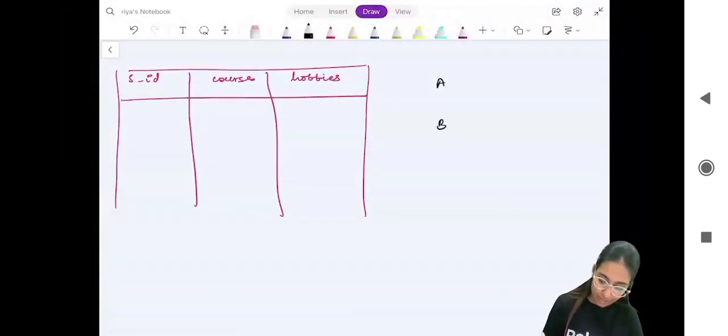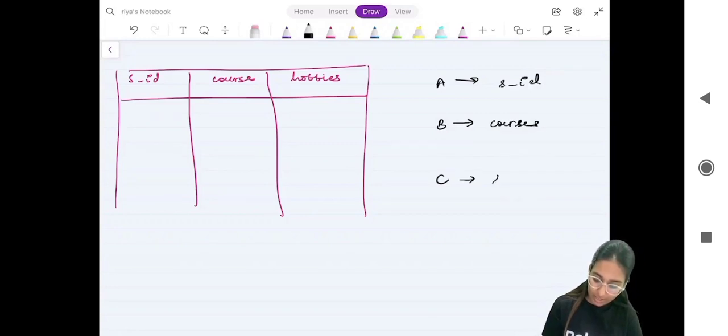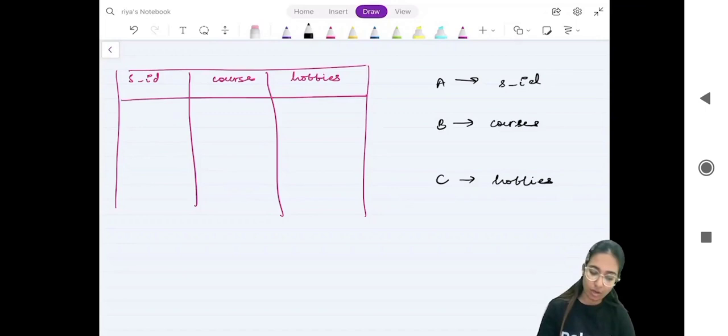A, B, C. A is student ID over here, it is not courses and hobbies. B is, let's say, courses, and C is, let's say, hobbies. And what is the data over here?